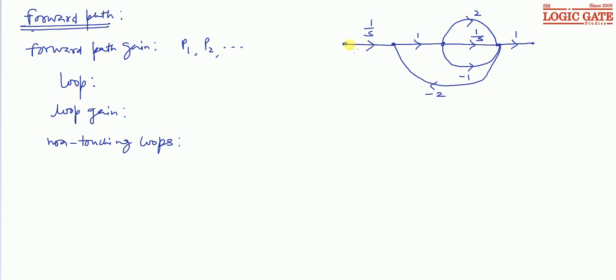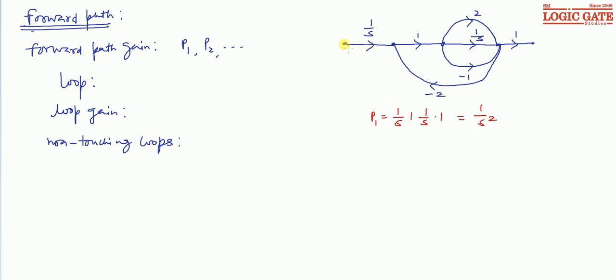So this one is one forward path, 1 by s, 1 by s and 1, and its gain is 1 by s, 1, 1 by s, 1. So 1 by s square. This is the first forward path gain.